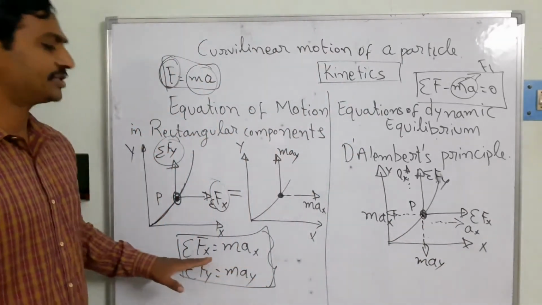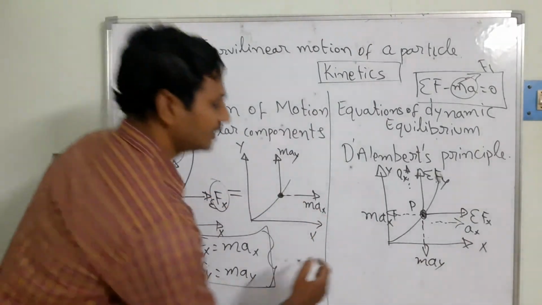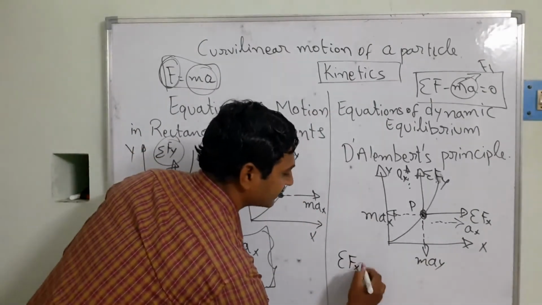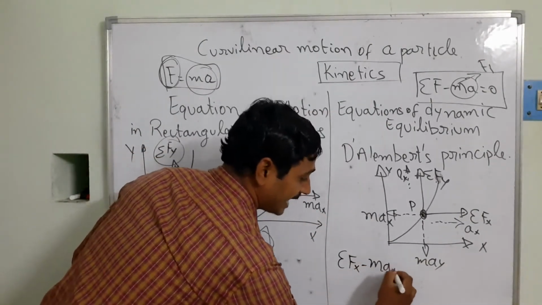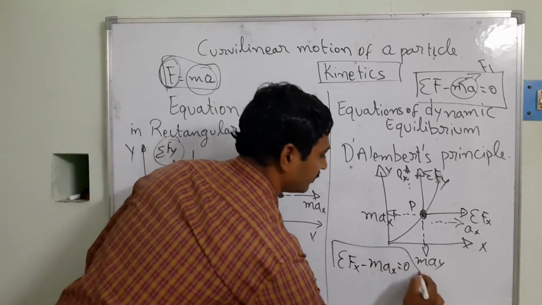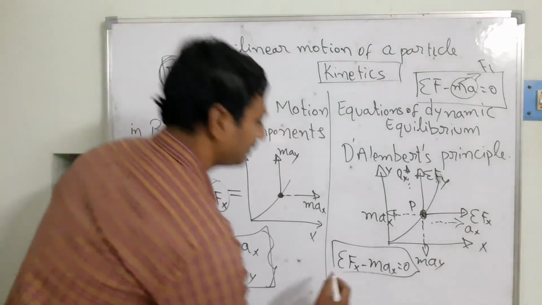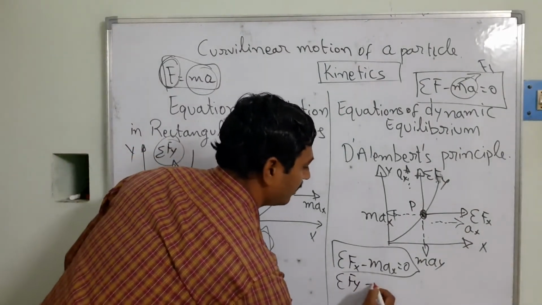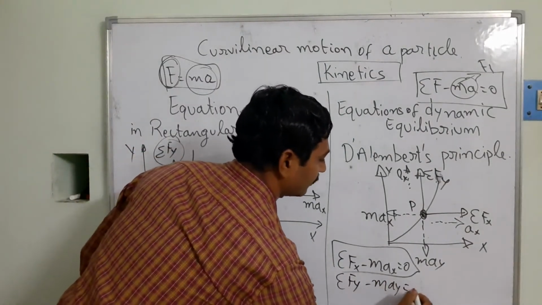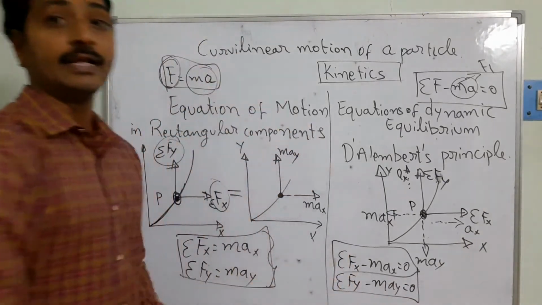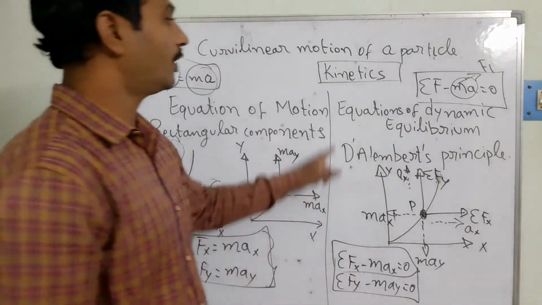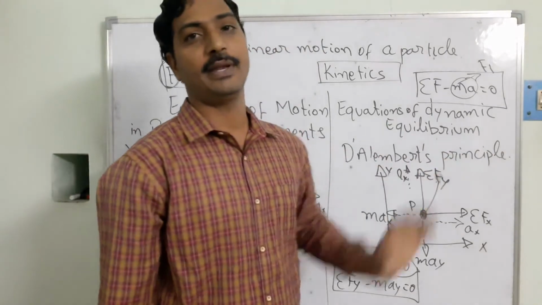So the same equations we are going to rewrite over here. Sigma f of x minus max is equal to 0. Can you see this one? The same equations we are writing over there. And similarly, sigma f of y minus may is equal to 0. Then these equations we call equations of dynamic equilibrium.